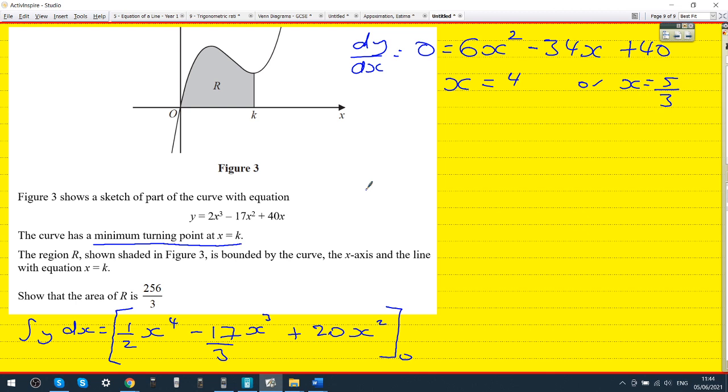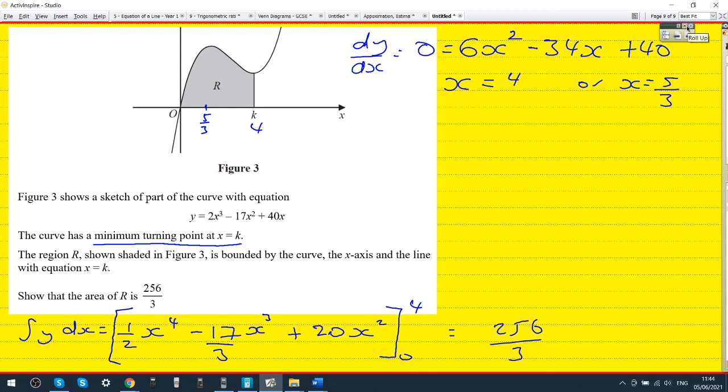Would it be x equals 4? Yep, that's 4, and that up there is the 5 over 3. That's 1 and 2/3. Yeah, and so our integral of that would be between 4 and 0, and you'd get your answer. And the answer you should get would be 256 over 3. Yeah. And you would have to actually sub in 4 and do all that.